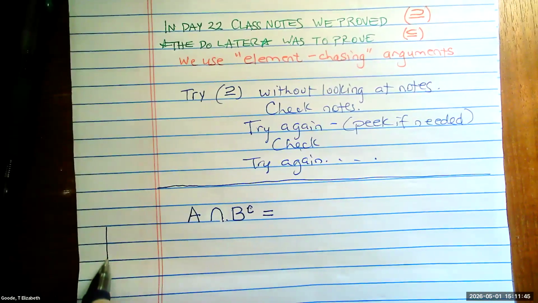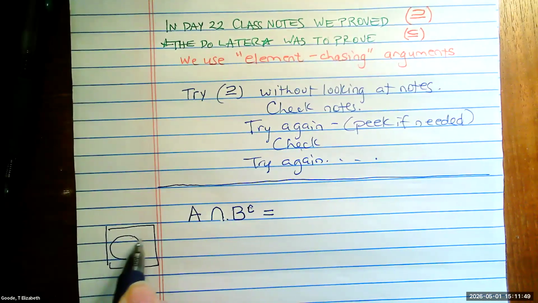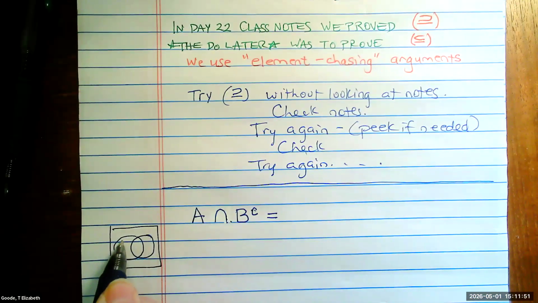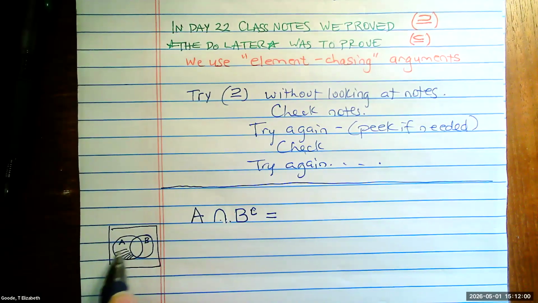Why don't we just draw that and see what it looks like? It's going to be what's in A and outside of B. So it would be this.